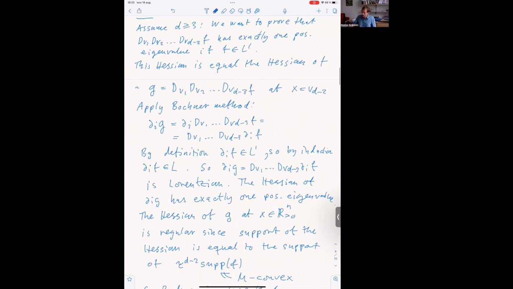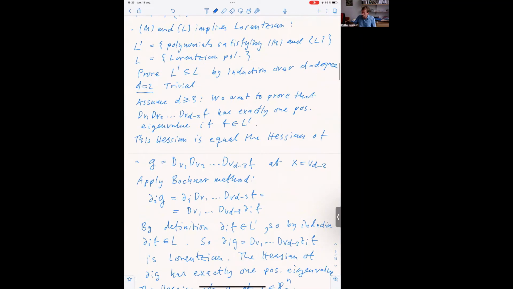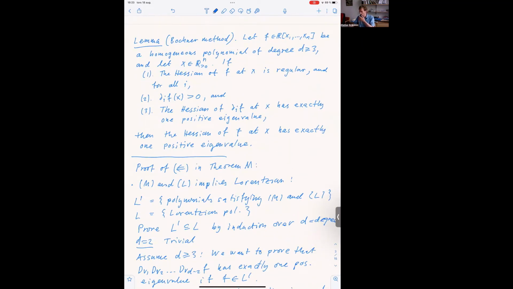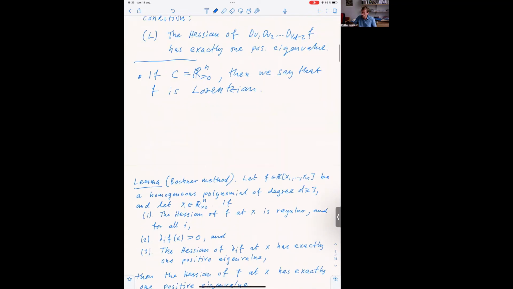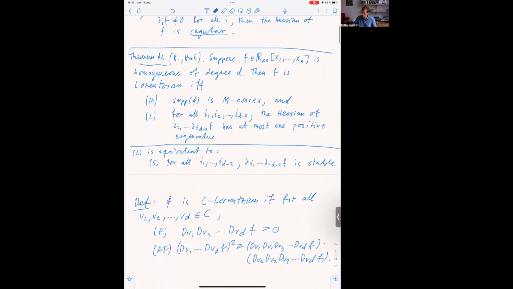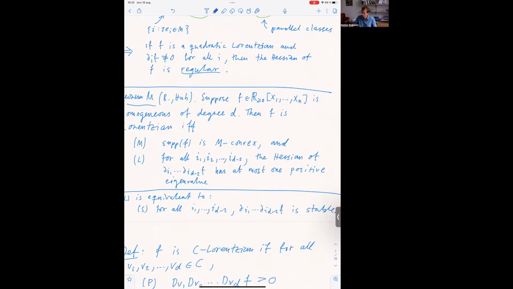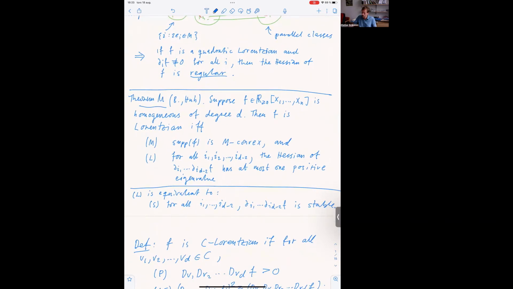So this Bochner method I haven't proved, but I've put up a detailed proof of it if you're interested. Then this implied directly this other direction of this characterization that we now use. So this characterization has these three properties that we should remember now.